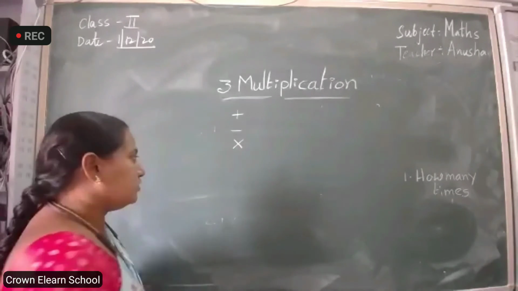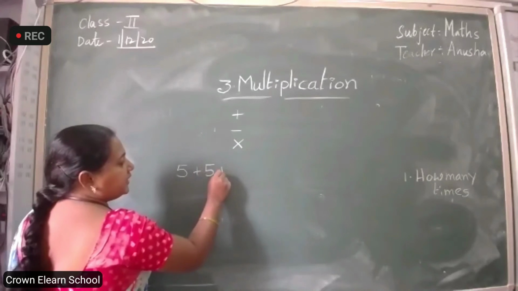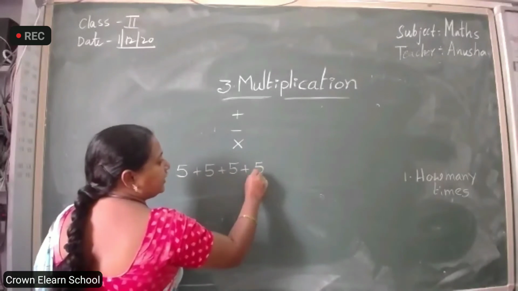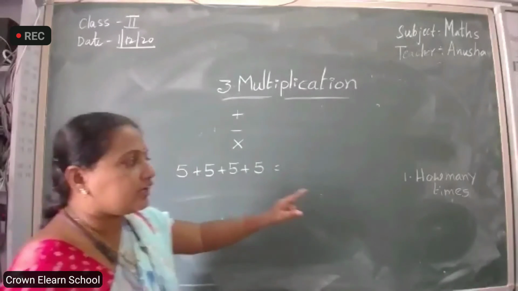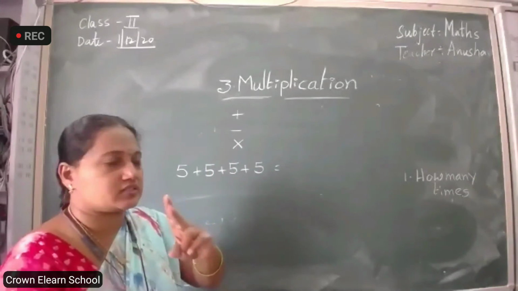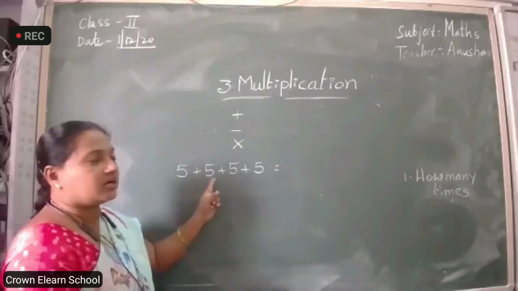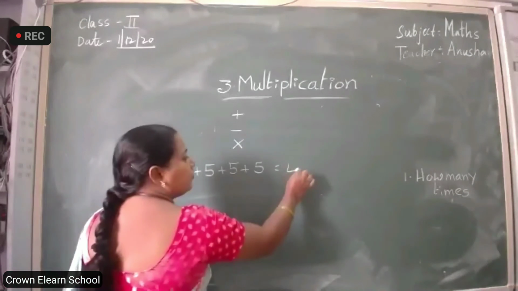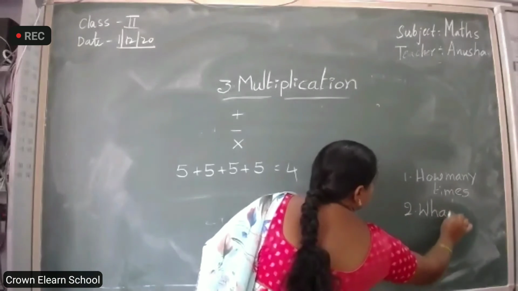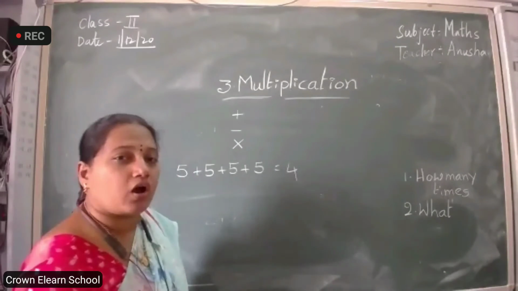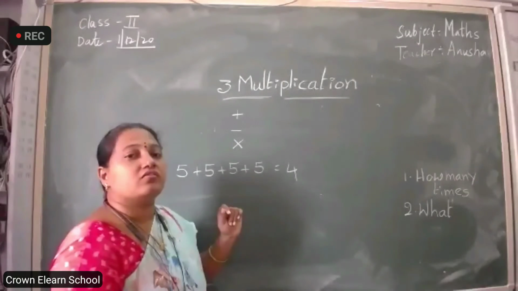Okay, now see one more example. 5 plus 5 plus 5 plus 5. Now, two questions you have to ask. What is the first question? How many times is the number repeating? 4. What is the second question? What number is repeating every time? 5.